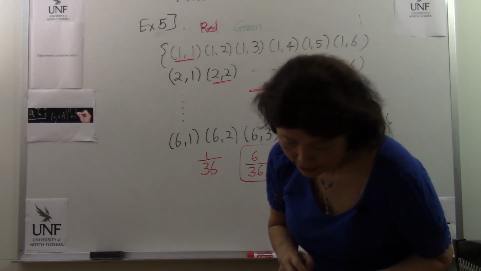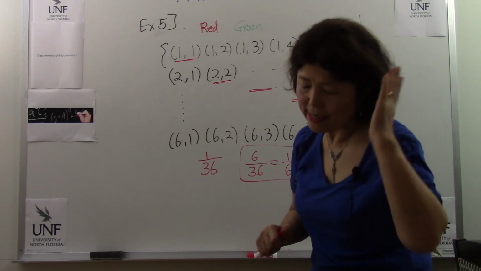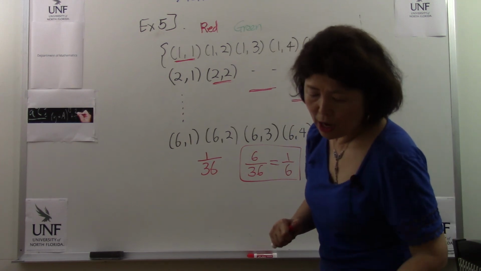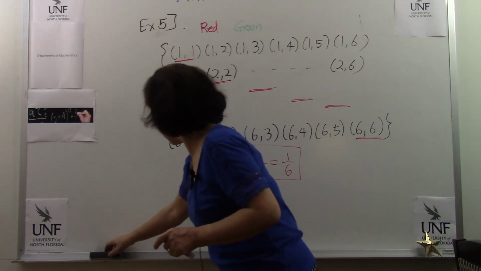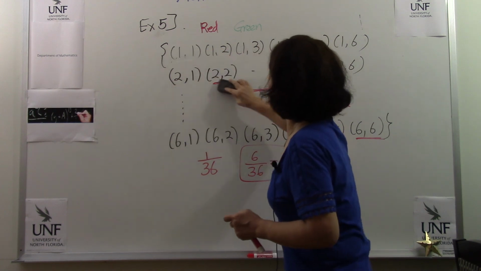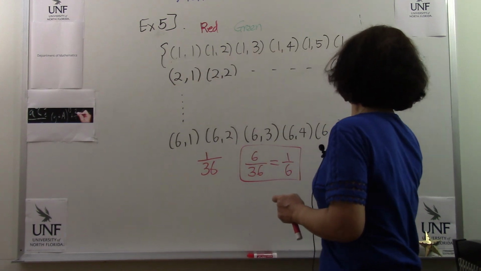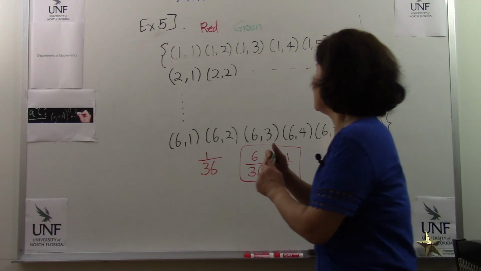The last one is to calculate the probability that the number on the red die is twice as large as the one on the green die. Do you see anything like that? Yes, the red die number is twice as big. For example, 2 1.